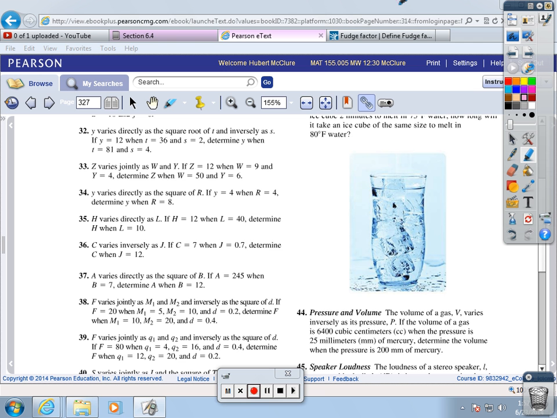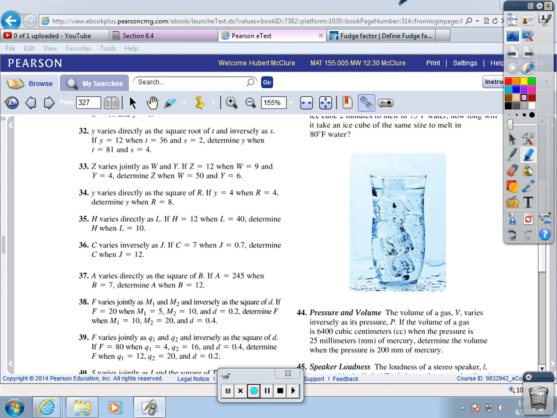Now, there's one thing I do not like about this question. It says A varies directly as the square of B. I want you to make a note when you see that: highlight it, draw an arrow out, and say square root of.